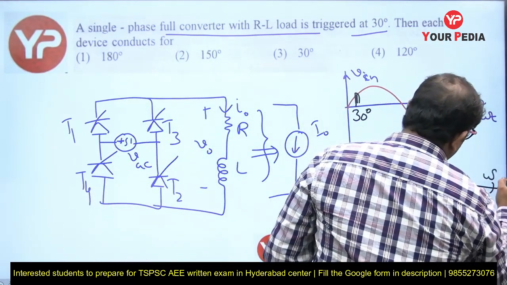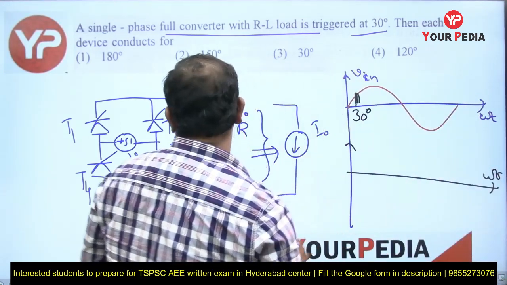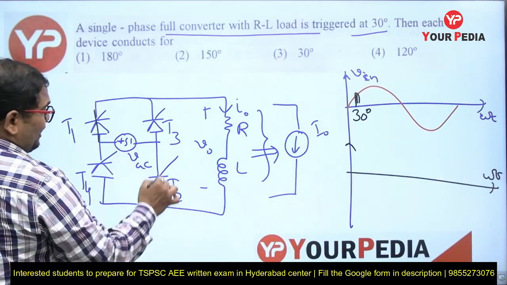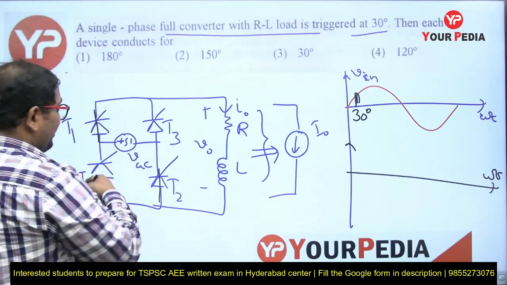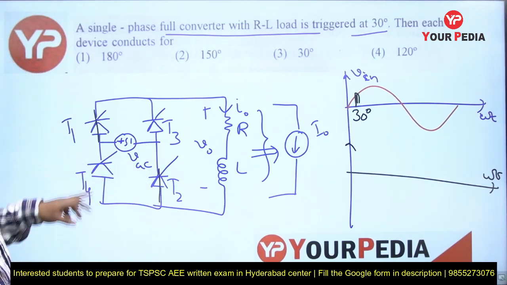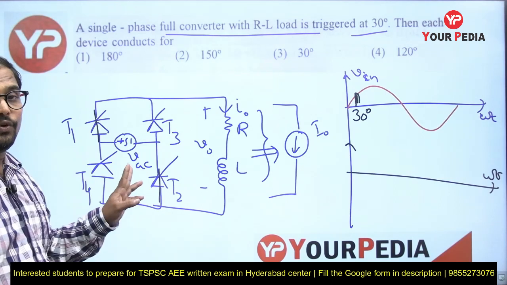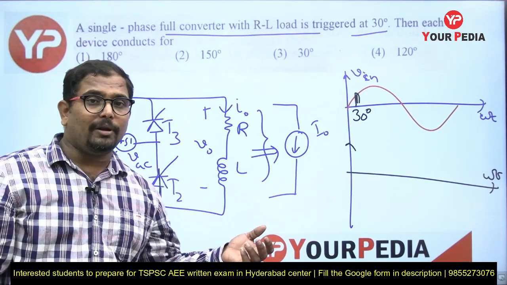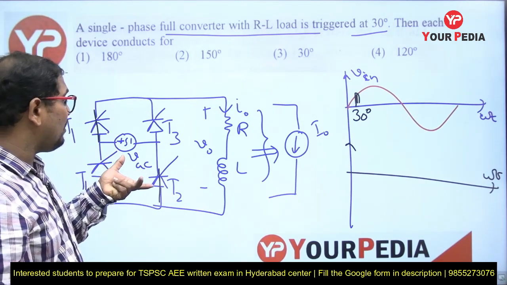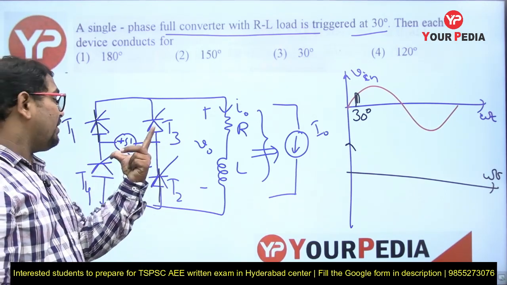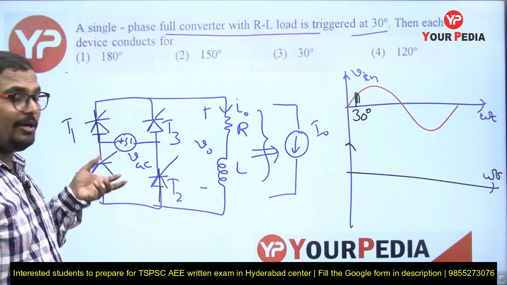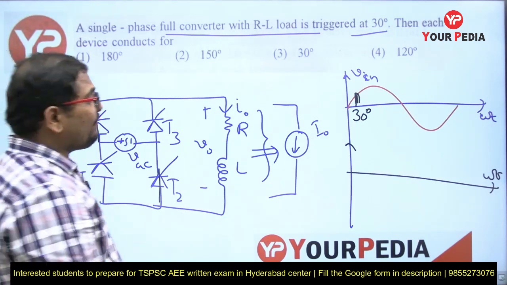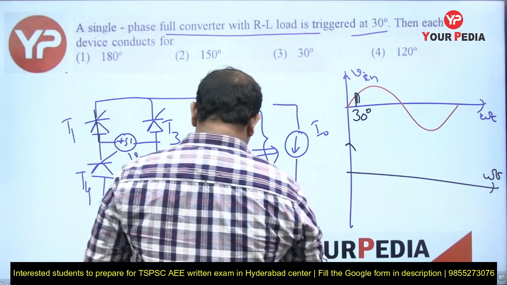How will the output voltage look? T1 and T2 are triggered simultaneously and T3 and T4 are triggered simultaneously, and these two pairs of devices operate in complementary fashion. When these two are turned on, these two will be in off state. From 30 degrees, which devices will start conducting?